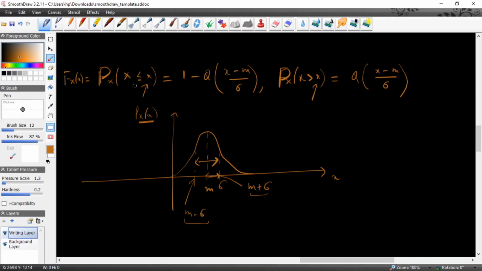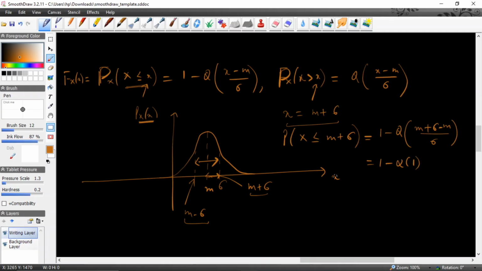If in this equation I let x equal m plus sigma, then the probability of X less than or equal to m plus sigma will be equal to 1 minus Q of (m plus sigma minus m) by sigma, which is 1 minus Q of 1.